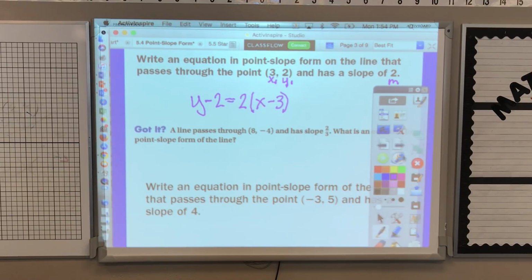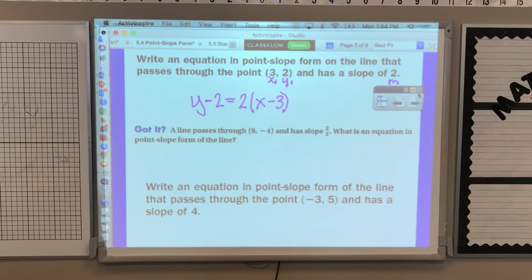Okay, so when we look at the second problem, we're passing through the point 8, negative 4, and we have a slope of 2/3. So they're still giving me x1 and y1 and m. So y minus y1 would become y minus a negative 4, but remember when we write equations, we never have that double negative in them, so we simplify it to y plus 4.